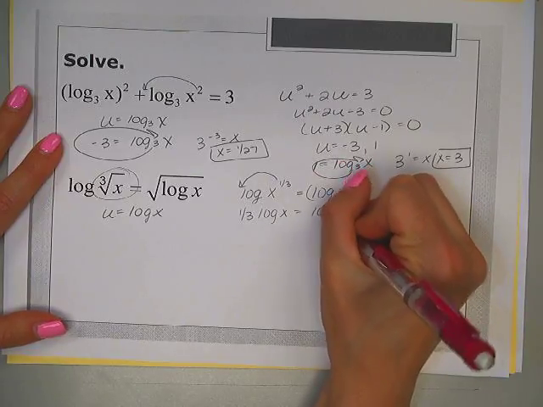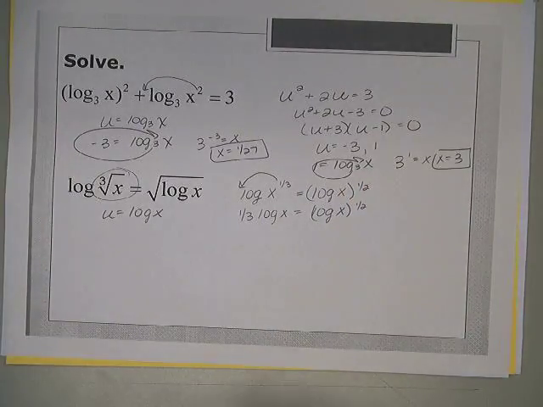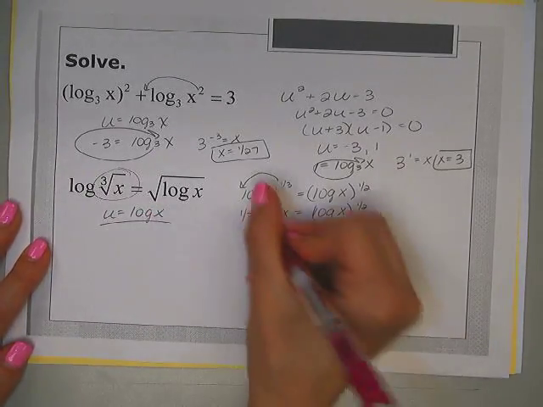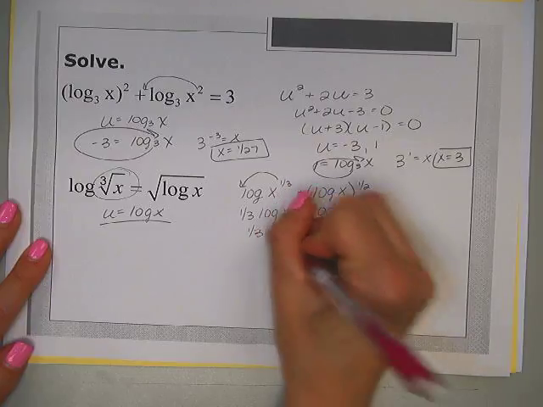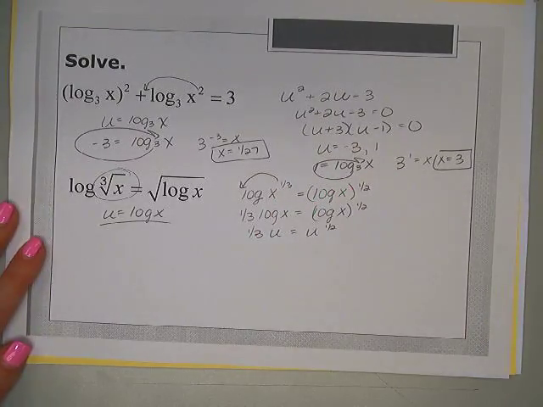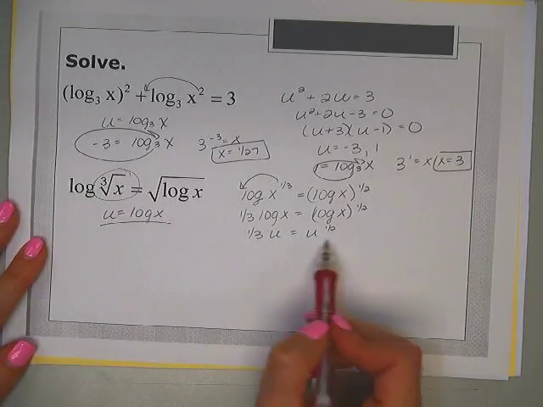That's right. That's raised to the 1/3 power. So this is actually log of x raised to the 1/3 power equals log of x raised to the 1/2 power.